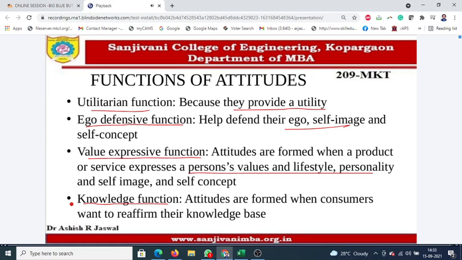We concluded that with understanding six types of different risks involved, like functional risk, physical risk, financial risk, social risk, psychological risk, and time risk. At the last, we covered what is consumer attitude, what is the composition of consumer attitude, and what are the functions of attitude.